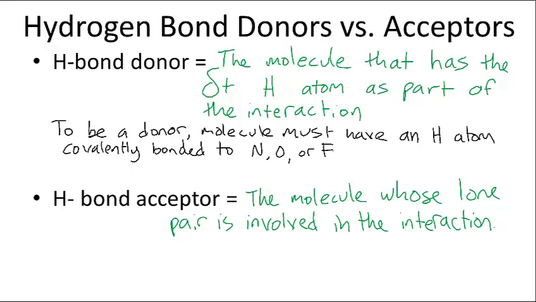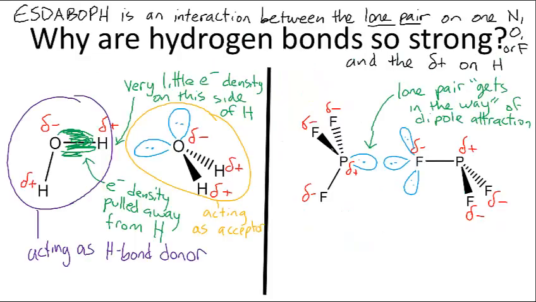When chlorine bonds to hydrogen, chlorine's a much bigger atom, and so it doesn't have as effective overlap with hydrogen's orbitals. So that affects the strength of the bond. It affects the polarity of the bond, and it also affects how well its lone pairs can interact with the hydrogen. So for more complicated reasons, we're going to just say chlorine doesn't do it. It's just these three.